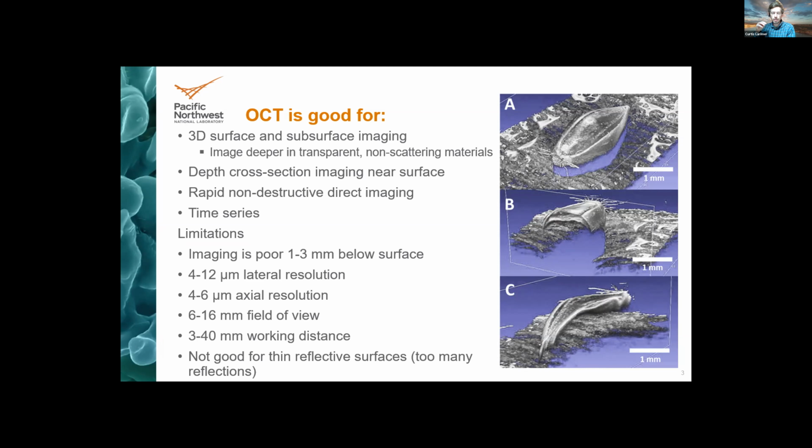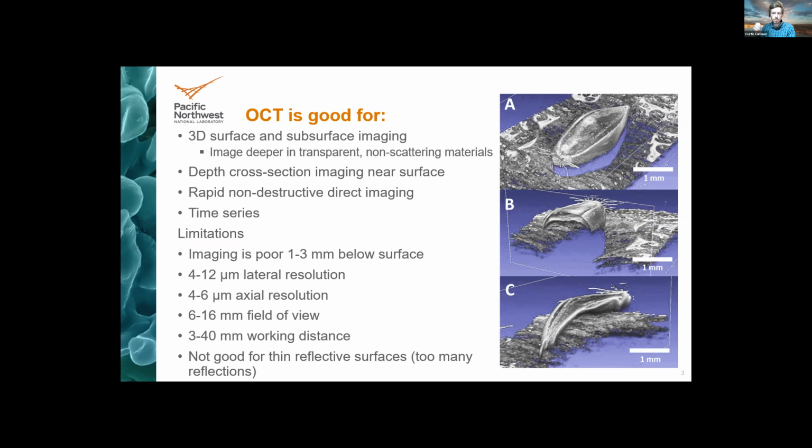If your sample is pretty transparent, pretty smooth, you could go even deeper than 3 millimeters. I think the manufacturer says you can do 5 or 6 millimeters maximum. In terms of resolution, you can see the numbers there. If you have more specific questions about how you might want to use it in your sample, just feel free to reach out to me.